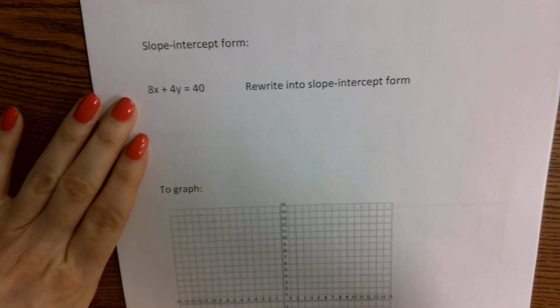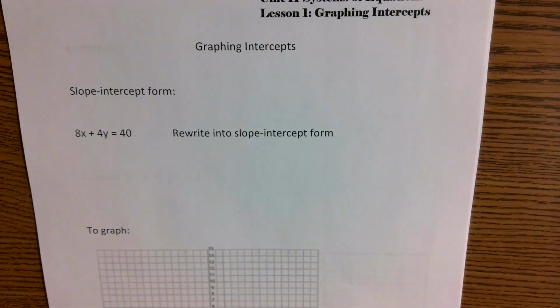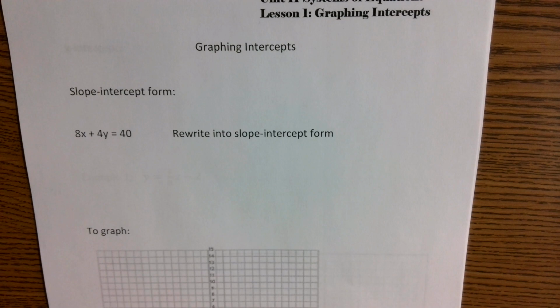Okay, so like I said before, we're going to be getting into the concept of graphing our intercepts, how to identify what your x and y intercepts are, and then how to graph them.